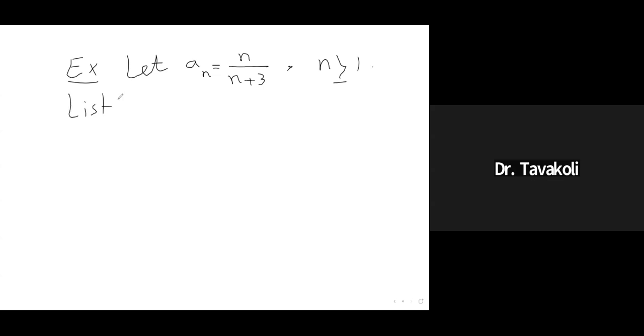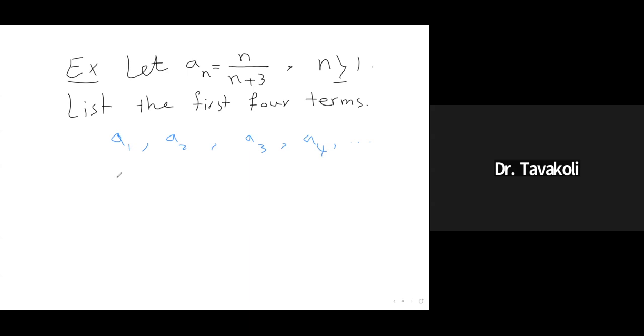As just a reminder, let's do this question. List the first four terms of this sequence. In other words, I want to list a_1, a_2, a_3, and a_4. So what is a_1? In the formula a_n is n over n plus 3, n is 1.